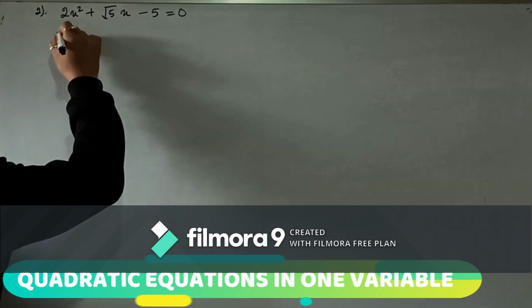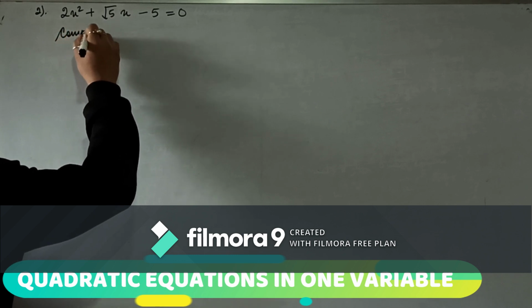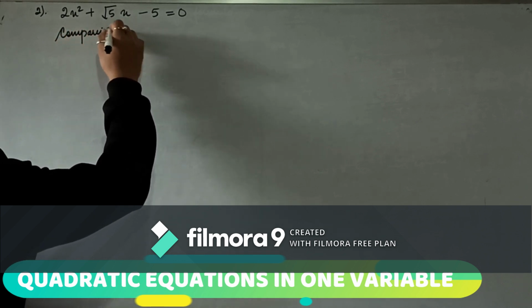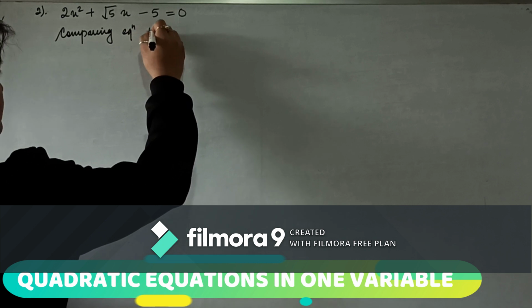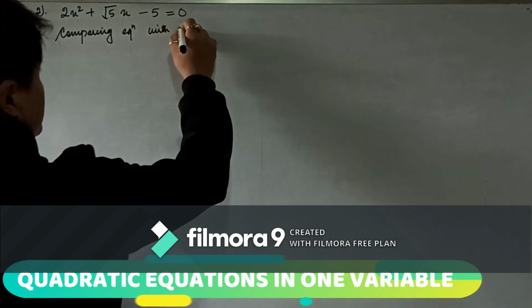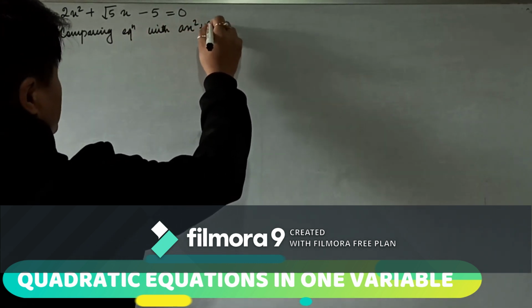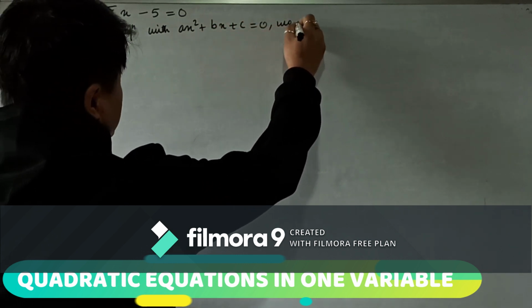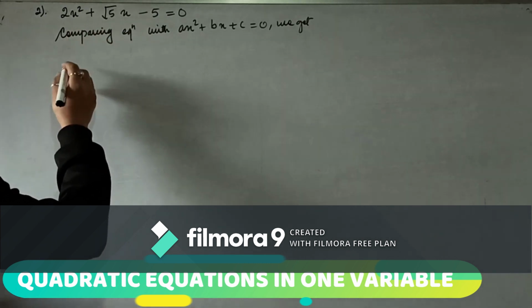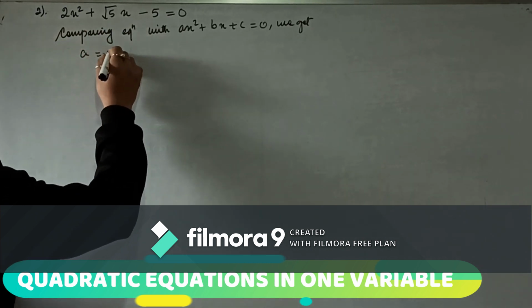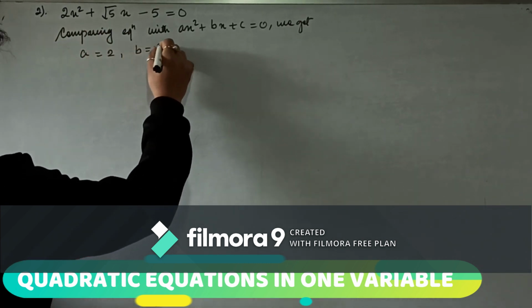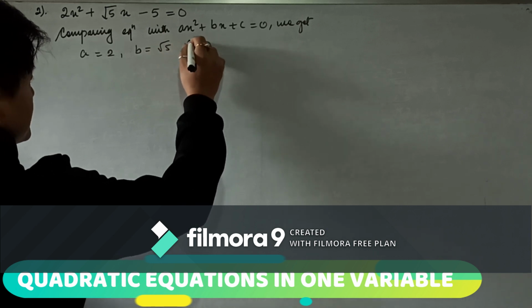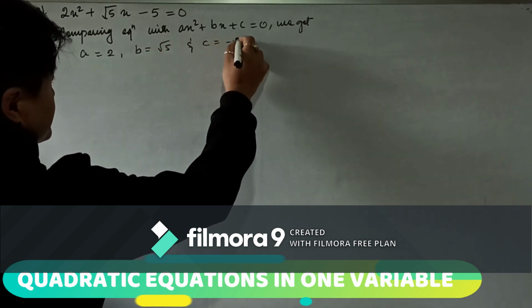Clear? Comparing equation with ax square plus bx plus c is equals to 0, we get. So here a is equals to 2, b is equals to root 5, and c is equals to minus 5.